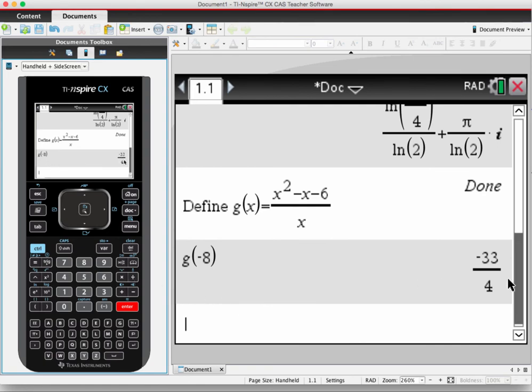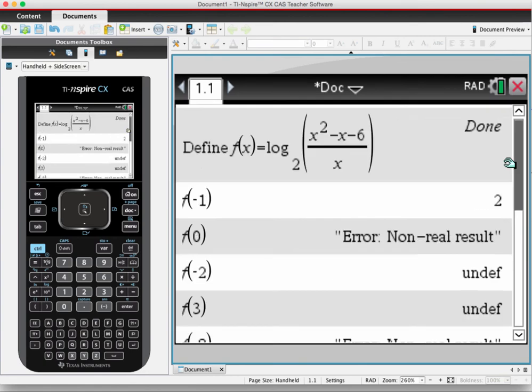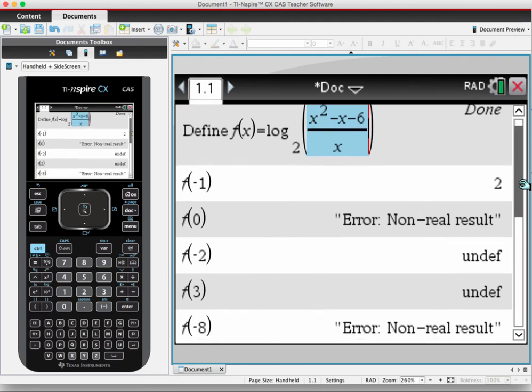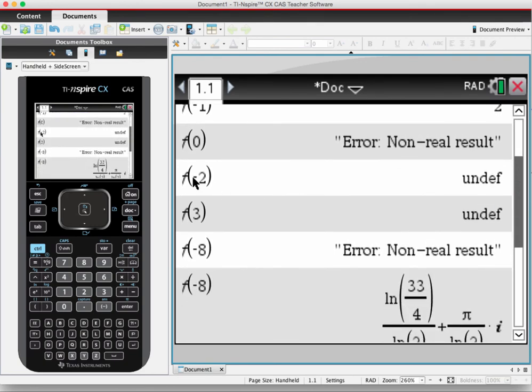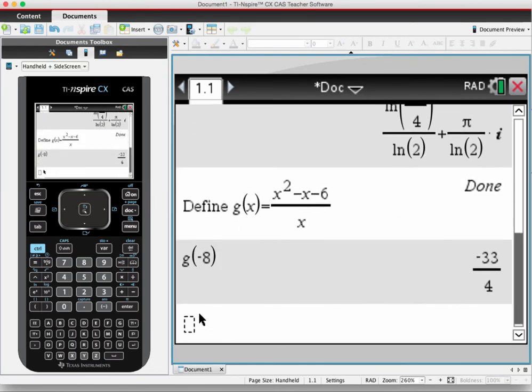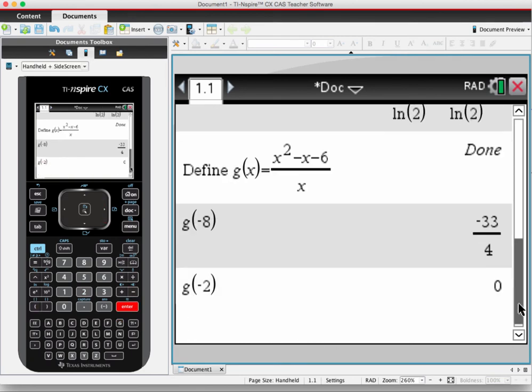So what that means is when we take log base 2 of a negative number, all of that is -33 over 4. Log of a negative is non-real. But if we plug -2 into our radicand or our power function, g of -2, we're getting 0. So this is giving us some input if we have log of 0 or log of a negative.